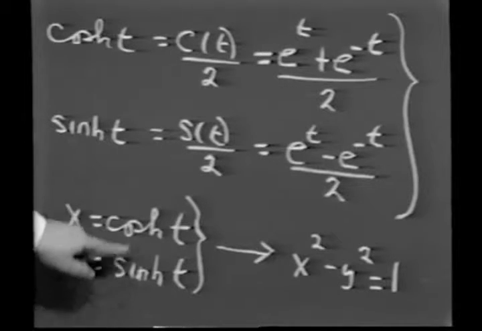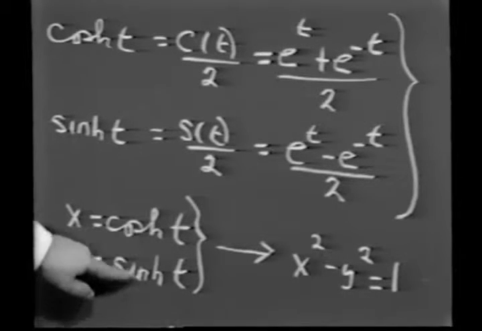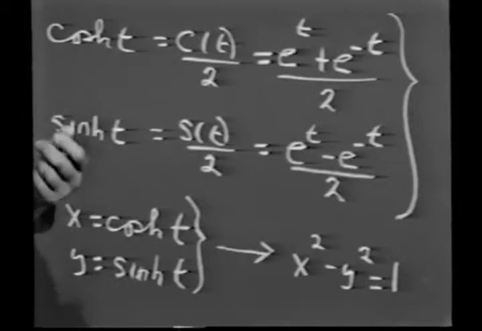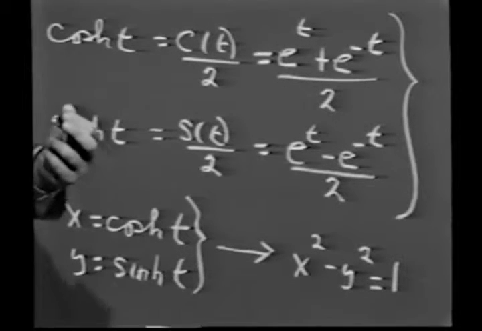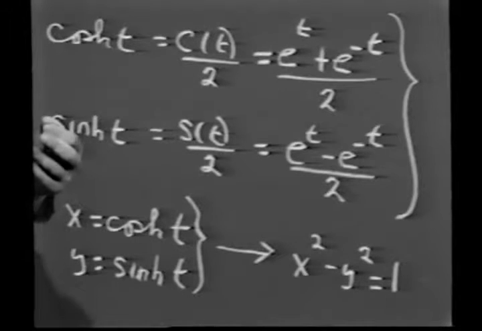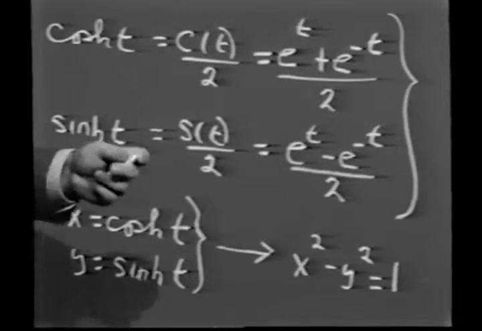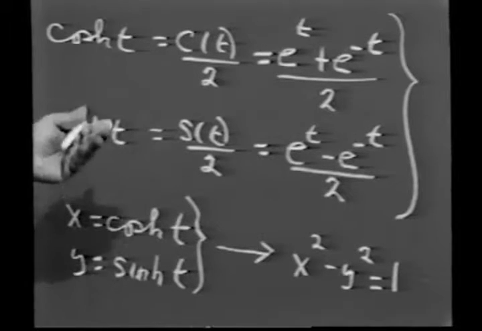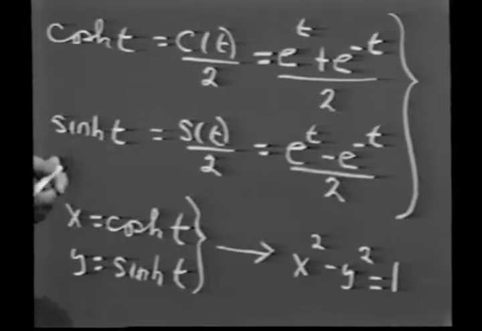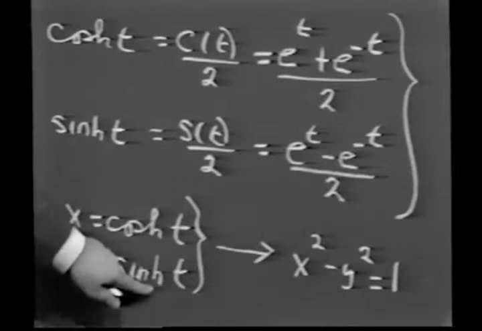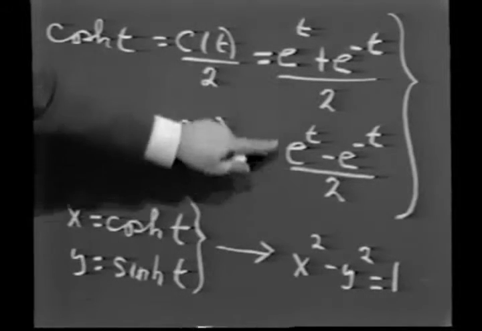Okay? Where cosh and sinh are now defined as over here without any reference to the hyperbola, in the same way that we could define the circular functions in terms of calculus without having to appeal to the circle. What I'm saying is, suppose we had never mentioned the word hyperbolic function up to now. We have developed a function called cosh t, a function called sinh t, just from these two relationships here.